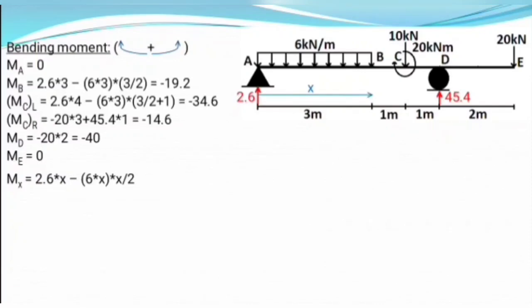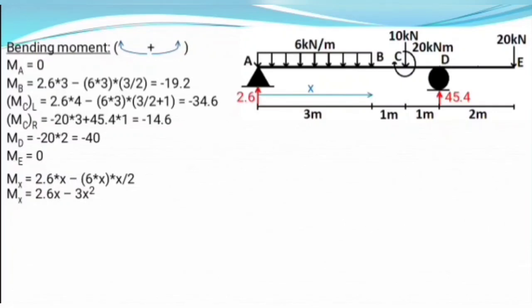So the distance from our desired point is x by 2. The total force due to UDL is 6 times x, so the moment due to UDL would be 6 times x times x by 2. From this we obtain the moment at that point equal to 2.6x minus 3x square.